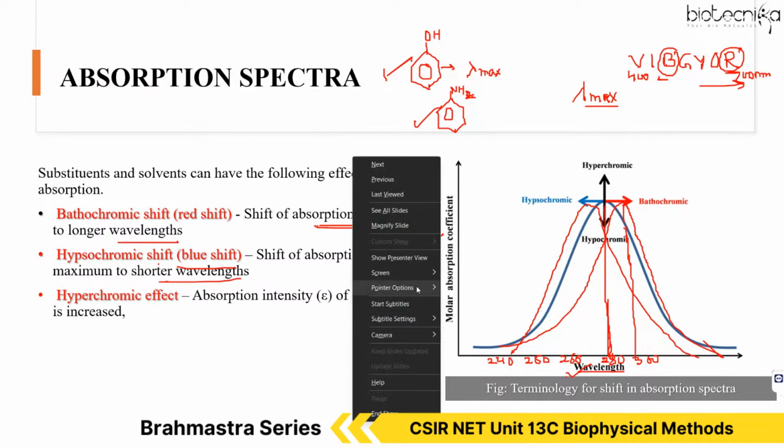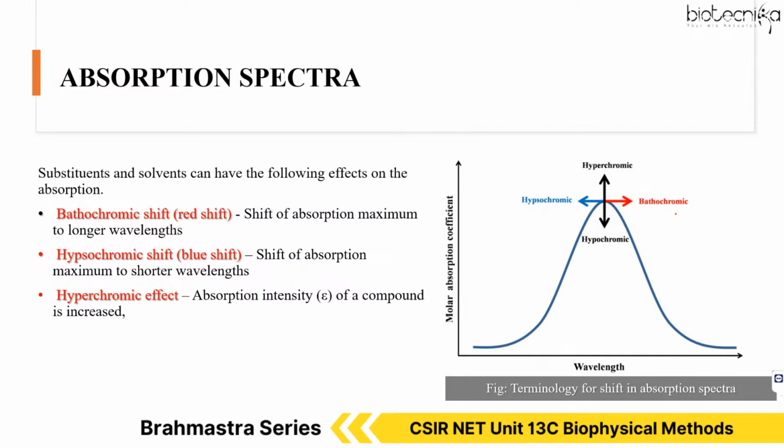Similarly, if the absorption intensity of a compound increases, then you have a hyperchromic effect, and if it decreases, it is hypochromic effect.